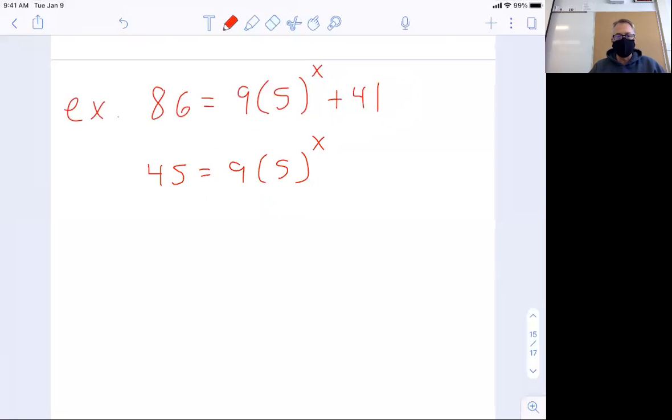Because order of operations says we don't do that. We would do the exponent first. So we're trying to get this thing by itself. We're going to divide by 9 on both sides. So that's going to be 5 equals 5 to the x. And so then x, of course, is 1 because 5 to the first is equal to 5.